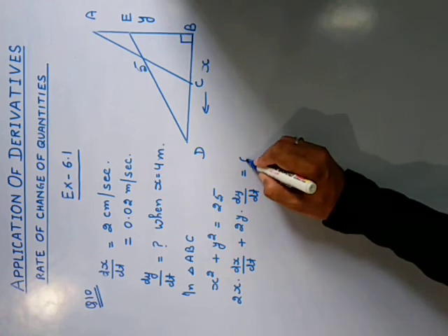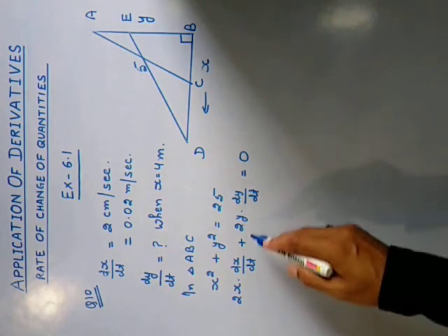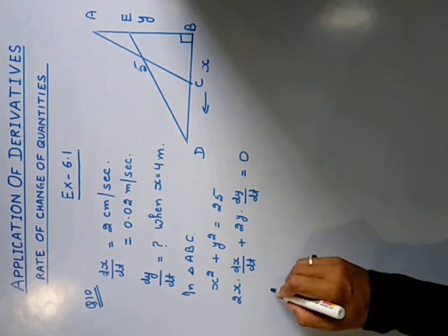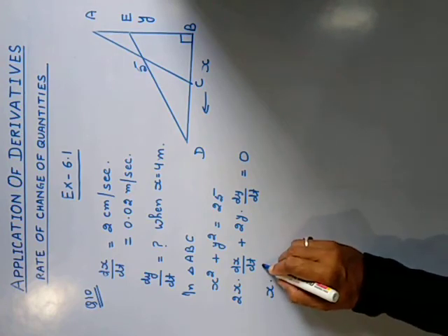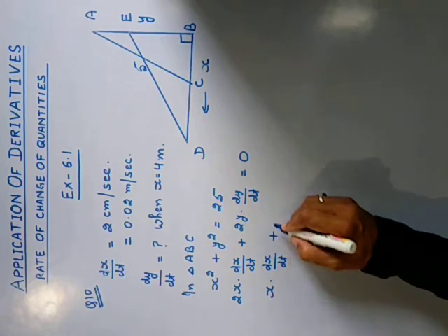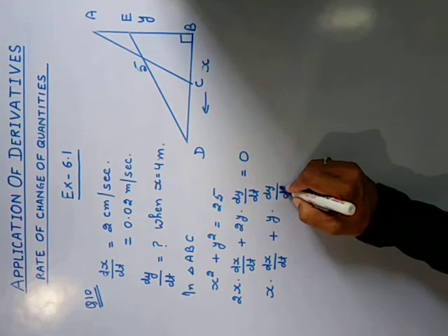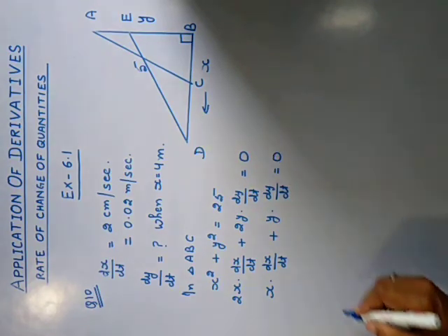Differentiation of 25, which is a constant, is 0. Dividing the whole equation by 2, we get x dx over dt plus y dy over dt equals 0.